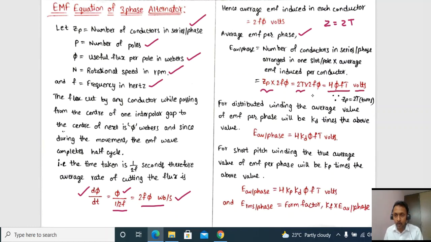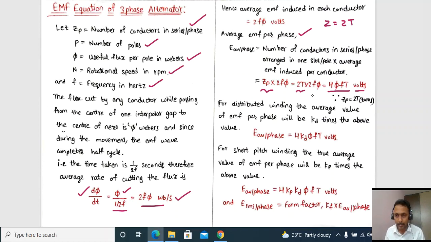One important point is this induced EMF, or average value of EMF per phase, is valid if the winding is a full pitched coil or concentrated coil.